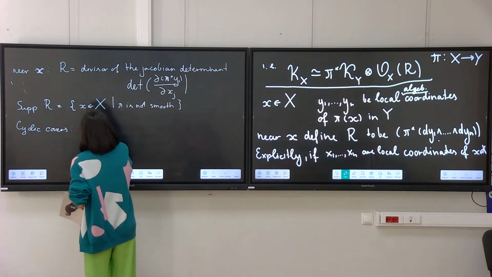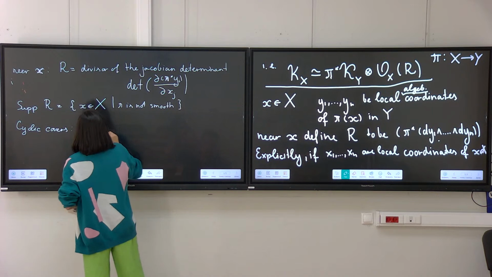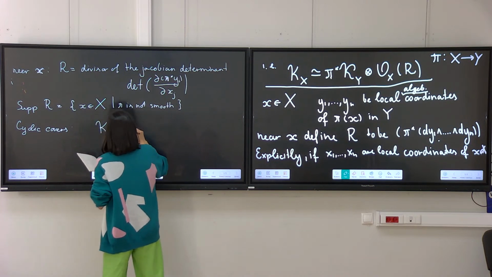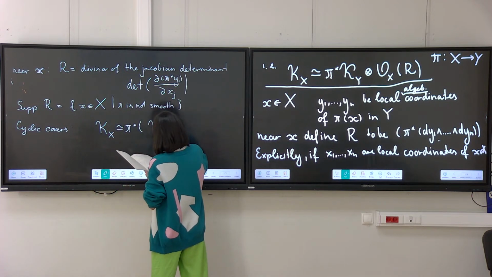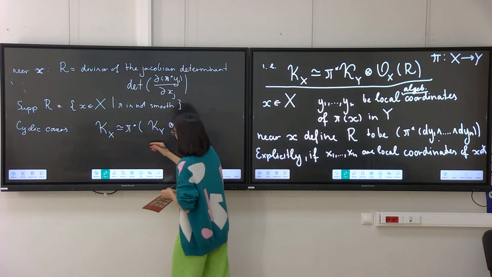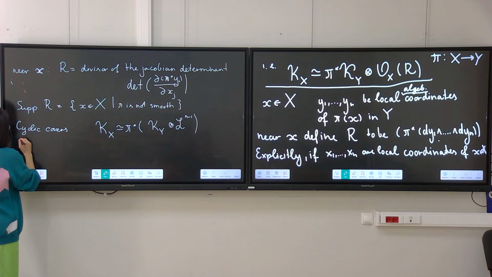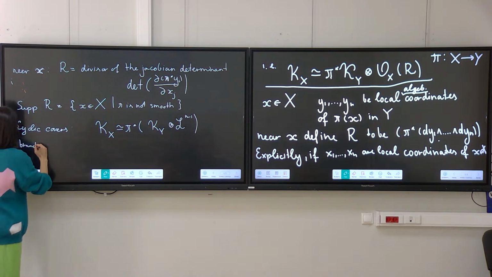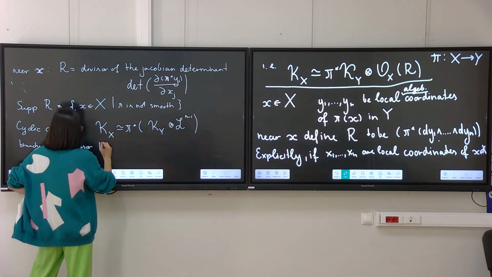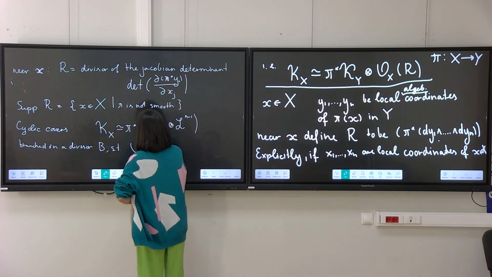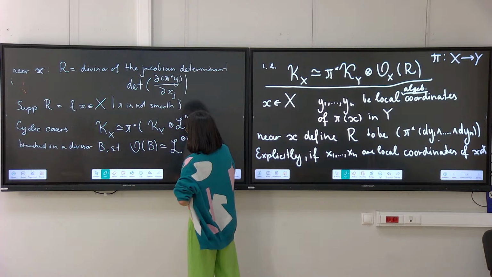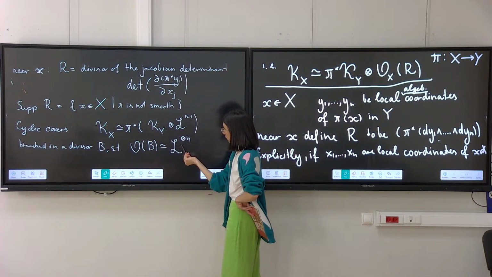Okay, for a cyclic cover X, X is just the pullback of the L^(n-1), where the corresponding cyclic cover was branched in a divisor B such that the corresponding line bundle was a tensor power of the line bundle.